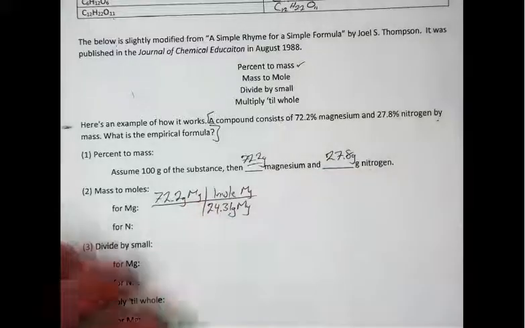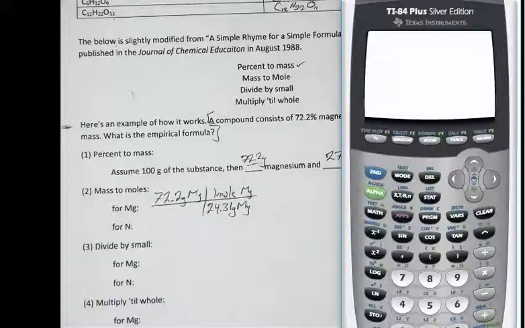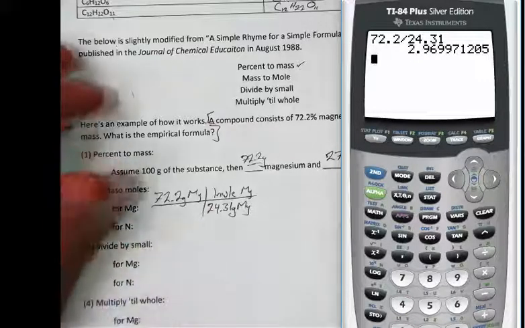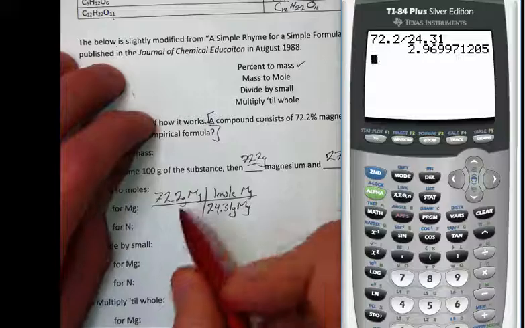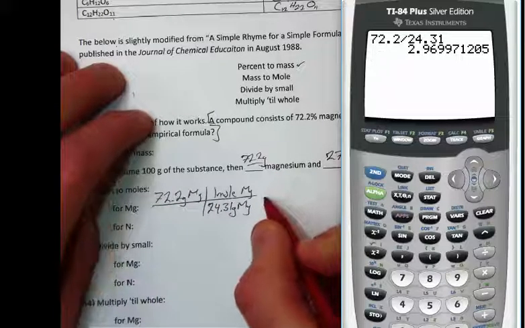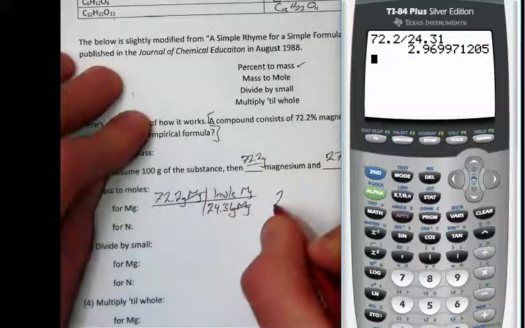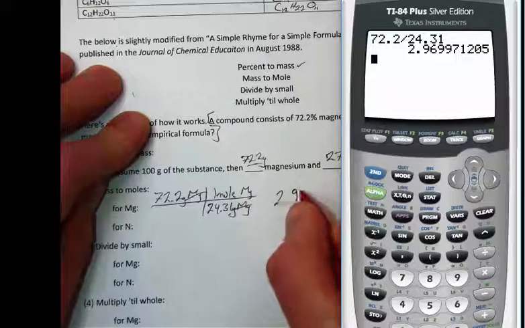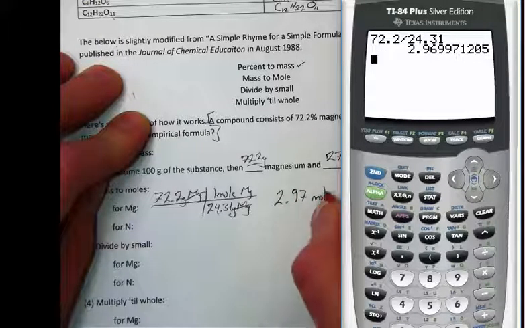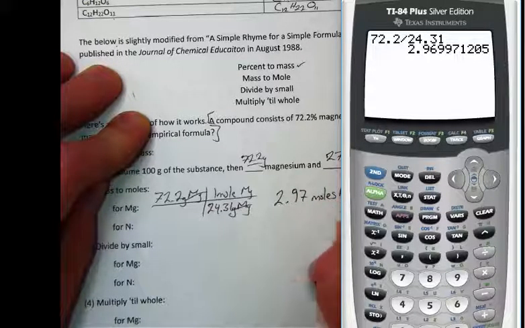That'll give us what we're looking for. So let's pull up our calculator. 72.2 divided by 24.31 gives us 2.96999. So per sig figs, grams cancel, we end up with 2.97 moles of magnesium.